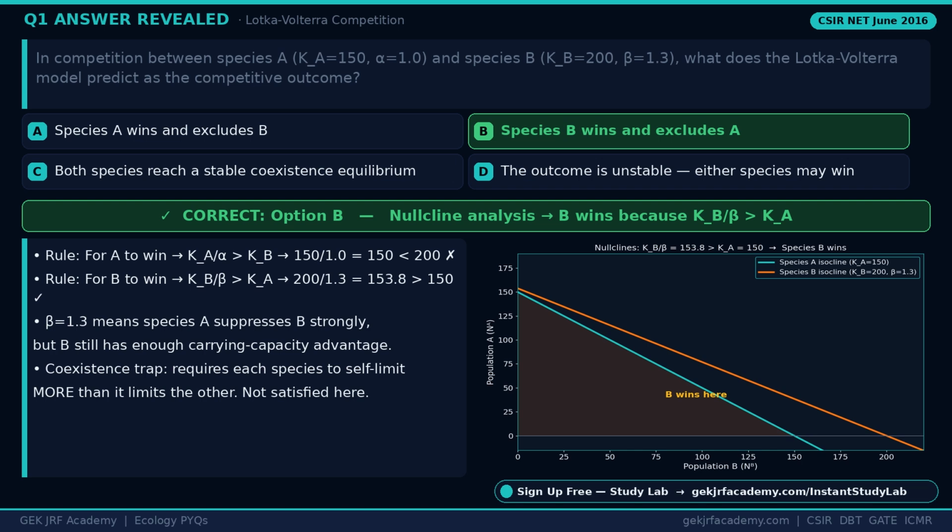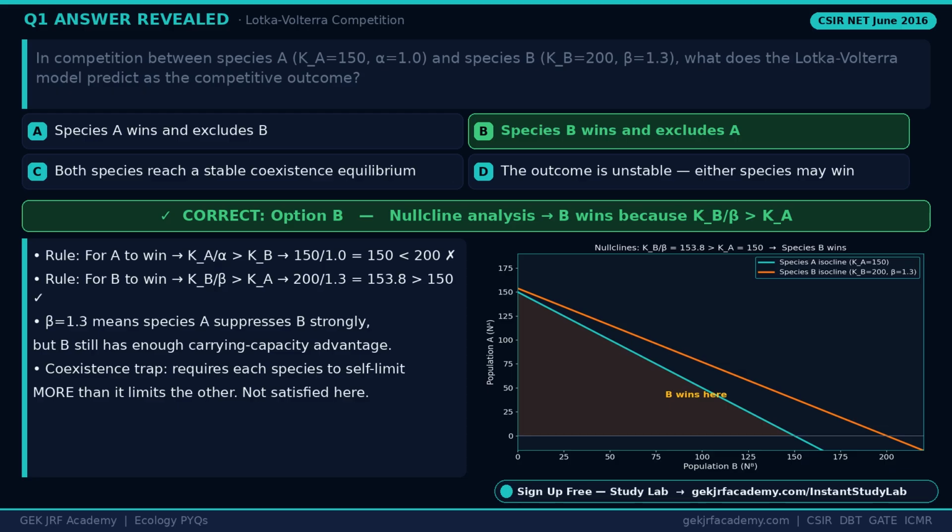That gives us 150 divided by 1.0, which equals 150. But KB is 200, so 150 is less than 200. Species A cannot win. For species B to win, KB divided by beta must exceed KA.